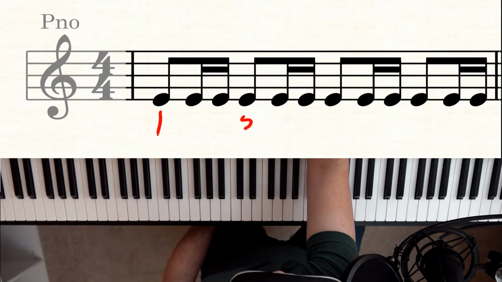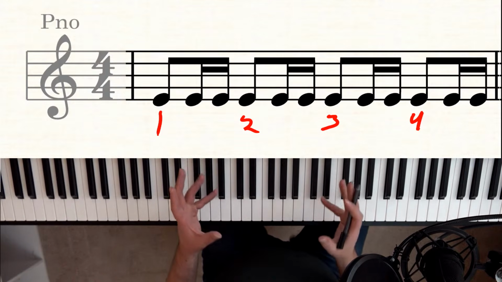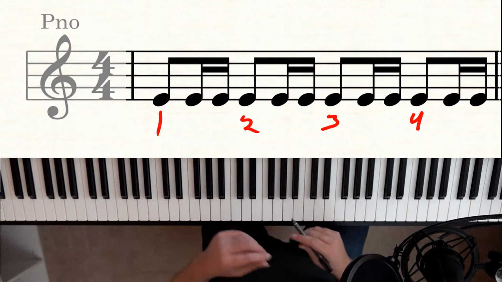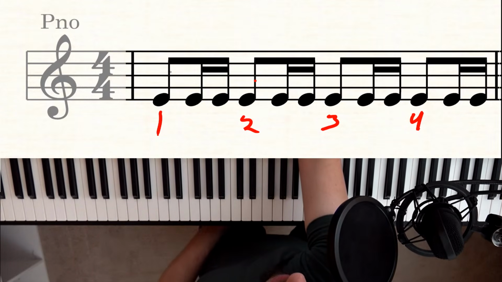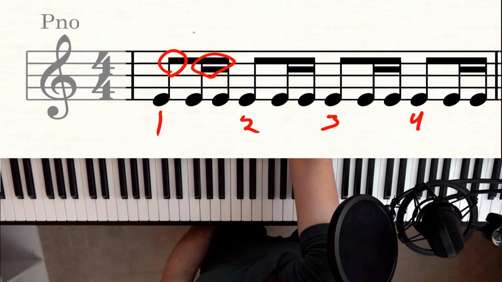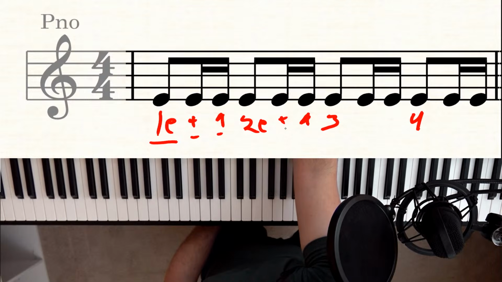Now we have to figure out how to subdivide this, and it looks a little bit iffy, but not really. Keep in mind that when you only have one flag here, see how that one's a double? Those are 16th notes. This one is only an eighth note, which is equal to 2 16th notes. So this first eighth note is actually going to take up 1 E, and then 2 E.